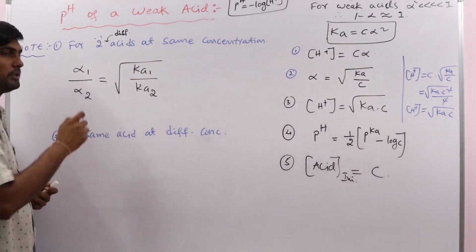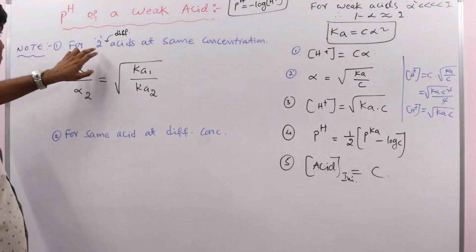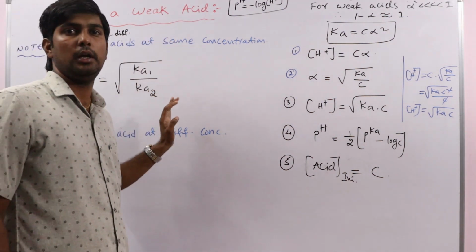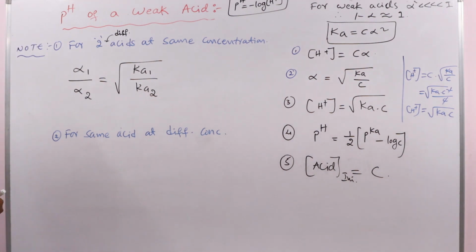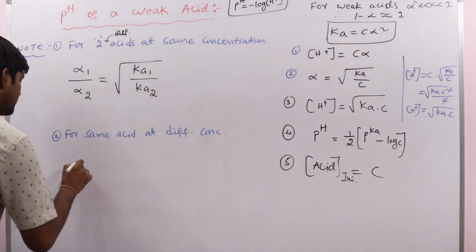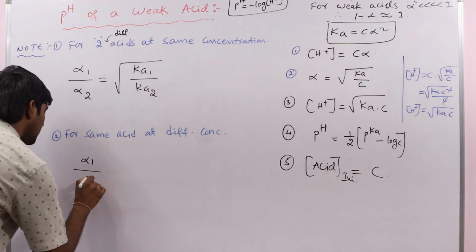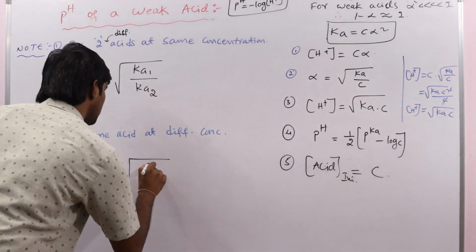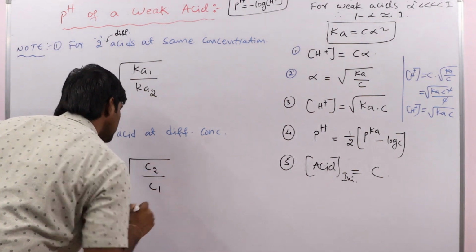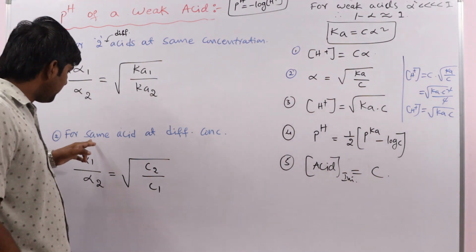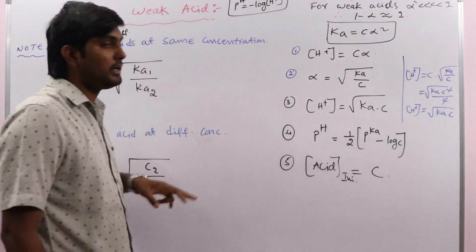We use this formula when we have two different acids present at same concentration. Next, another case is for the same acid at different concentrations. In that case, alpha 1 by alpha 2 equal to square root of C2 by C1. See here, for same acid at different concentration.